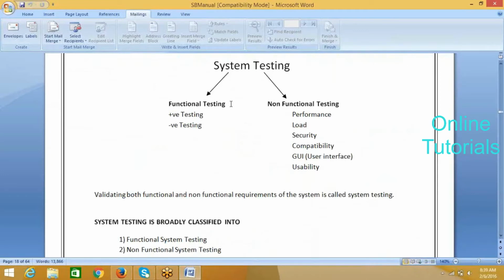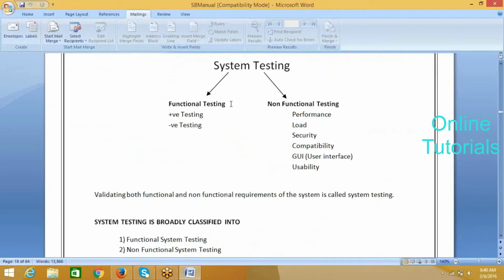If you are checking the inside things without doing any manual action, such as whether the spellings are correct, whether it is designed in a proper way, whether the alignment is proper, whether the logo is displaying properly, like this, performance, load, and compatibility, all of these come under non-functional testing.